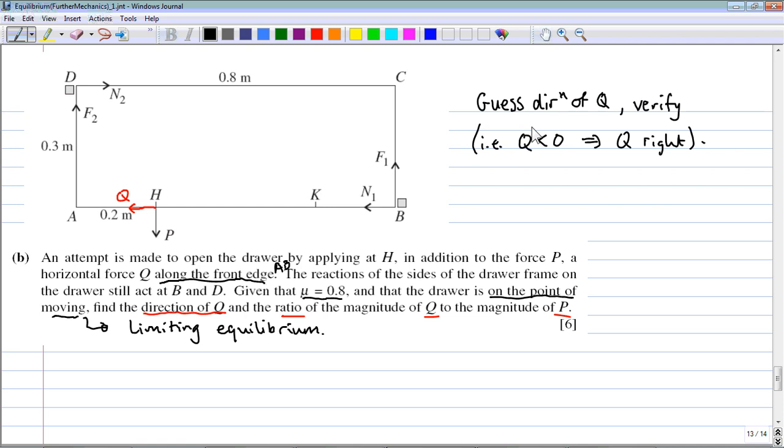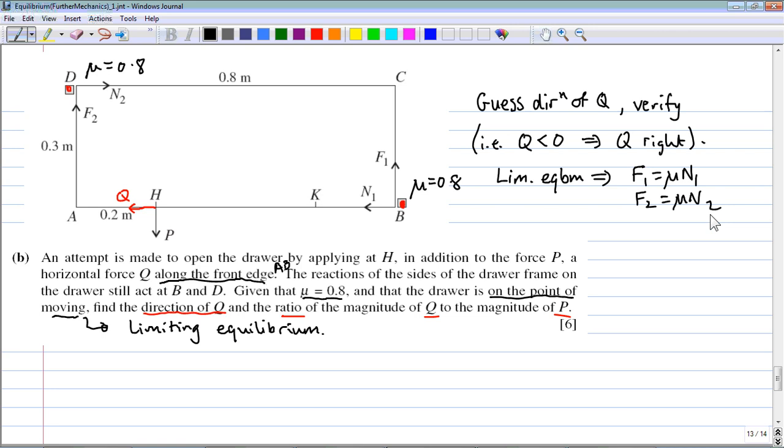Okay, so there's a slight difference here. We do have mu. Mu is given as 0.8 in both contacts, and also limiting equilibrium means that F1 equals mu N1 and F2 equals mu N2.